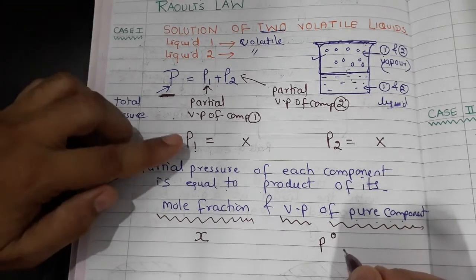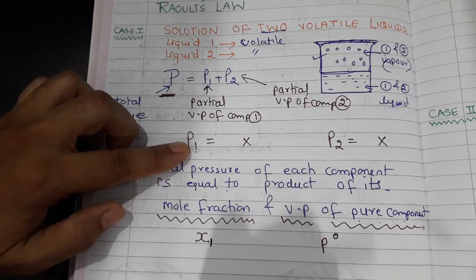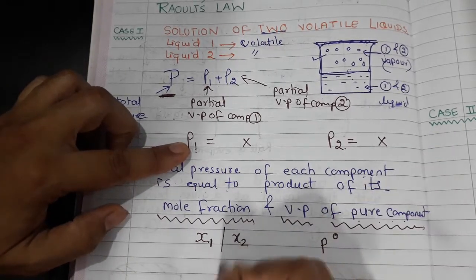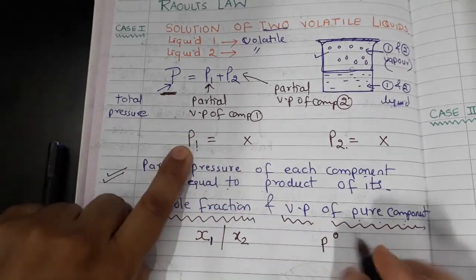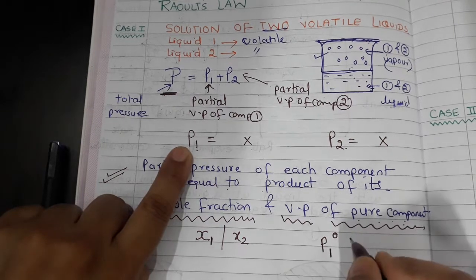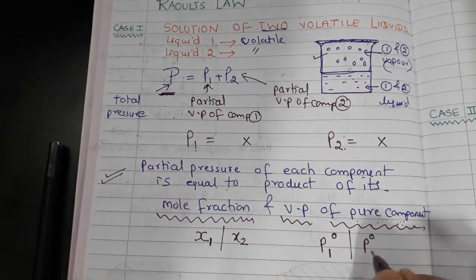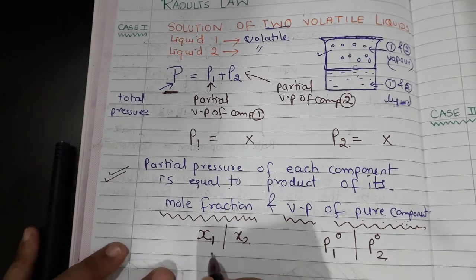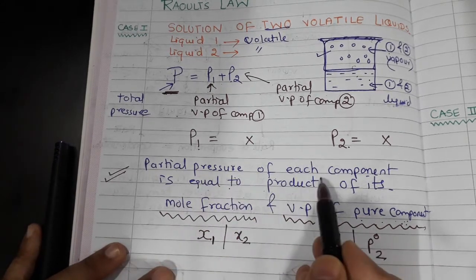Understood? So if it is component 1 I would write here X1. If it is component 2 I will write here X2. If it is pure component 1 for vapor pressure I will write P naught 1, and if it is component 2 I will write P naught 2. So do not forget these notations or these symbols. So I again repeat, partial pressure of each component.